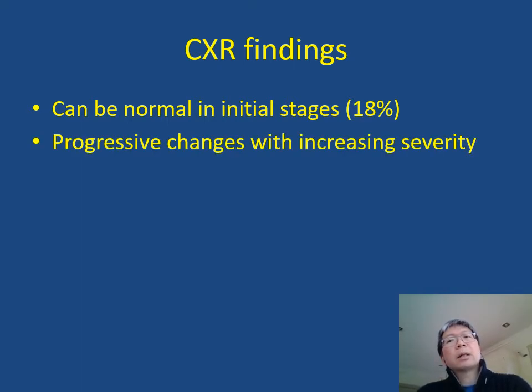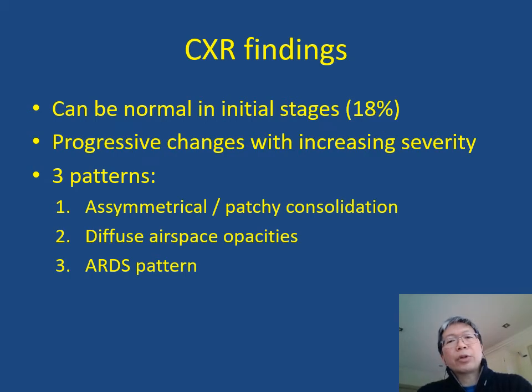However, as the condition progresses in severity, there are progressive changes that are noted on the chest X-ray. 3 patterns have largely been described, notably an asymmetrical or patchy consolidation, diffuse airspace opacification, or an ARDS pattern. Over the next few slides, I hope to show you examples of these and how to recognize these appearances.